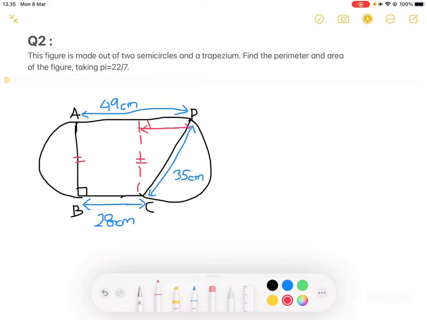And this bit right here is 49 centimeters minus 28 centimeters, which is 21 centimeters. And by the Pythagorean theorem, you can calculate the length of this imaginary line, and that will be 28 centimeters. So with this, we can conclude that the length of AB is 28 centimeters.